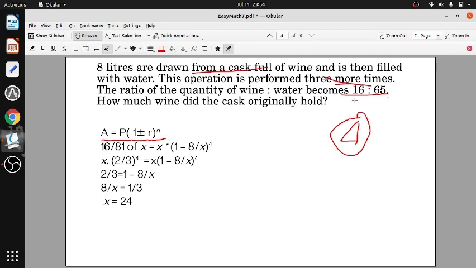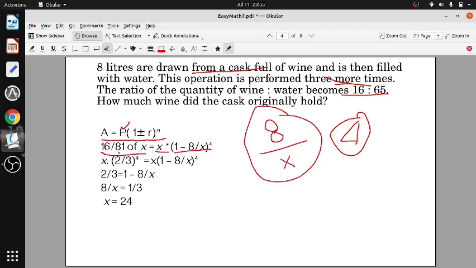So 16 by 81 of the total. X is the principal, which is of course X liters, the original capacity, into 1 minus 8 upon X. 8 liters out of X liters. The cask capacity is X liters and you're taking 8 liters. So the fractional change is 8 by X.